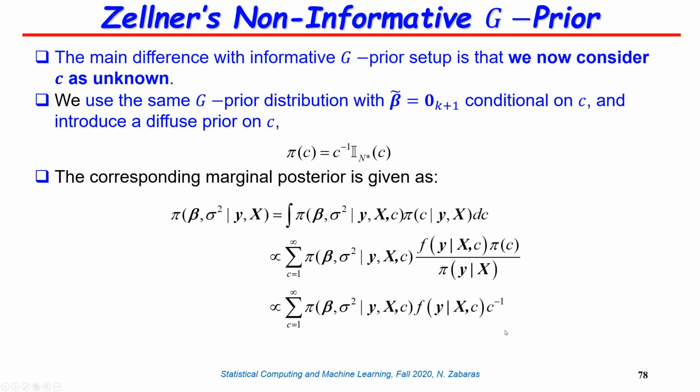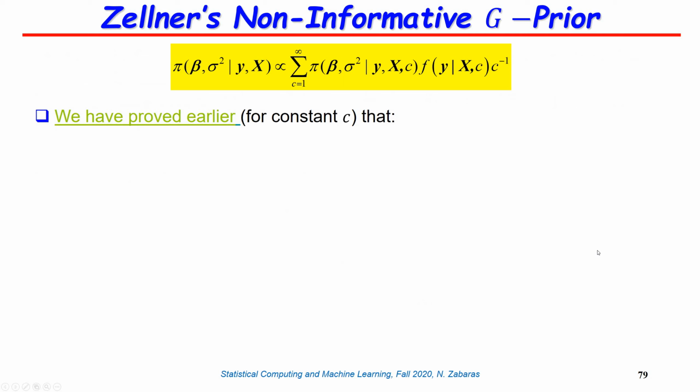But obviously this is a little bit more complicated. Not only do we have to compute this summation for all the C's, but we also have to compute this marginal likelihood for every C. Remember that this marginal likelihood was computed before using the Zellner G prior, and we did not indicate the dependence on C, but it was obvious. So we do have this quantity available, and you will see it shortly in the follow-up slide.